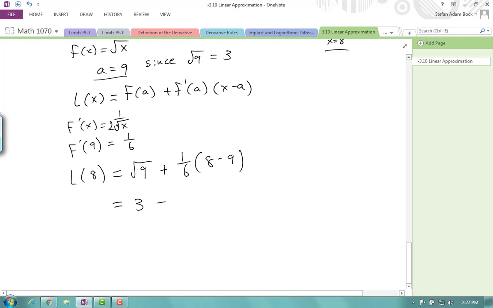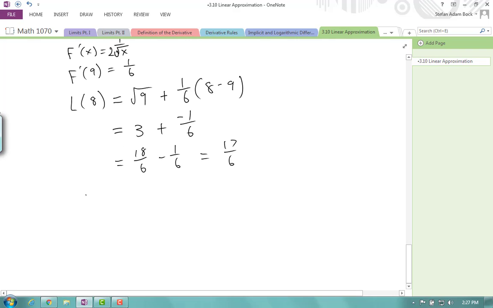I get 3 plus negative 1 over 6, which is equal to 18 over 6 minus 1 over 6, which is equal to 17 over 6. So I found that 2 times the square root of 2, which is equal to the square root of 8, is approximately equal to 17 over 6, which is a nice small rational number. Which also means that the square root of 2 is now approximately equal to 17 divided by 12.